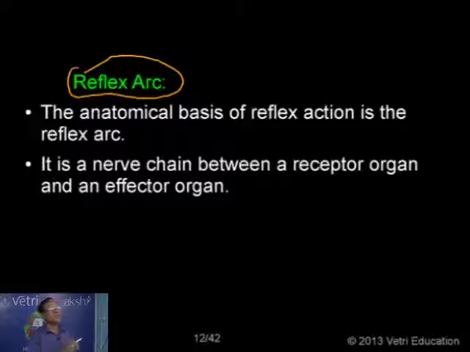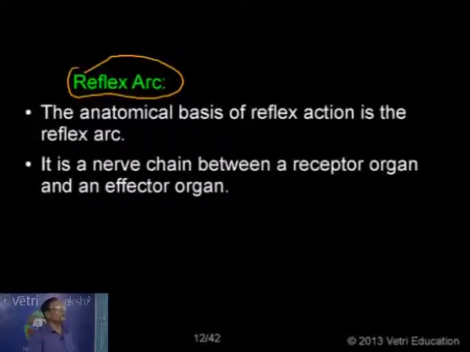We can say simply it's a nerve chain between the receptor organ and the effector organ. In between we have a mediator, a controlling manager, the nervous system. The nerve chain between the receptor organ and the effector organ, which does the reflex action, is called the reflex organ.